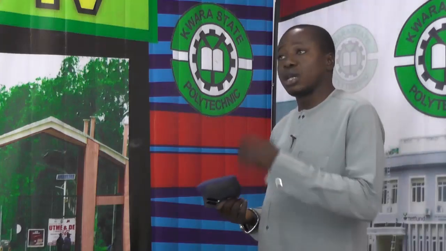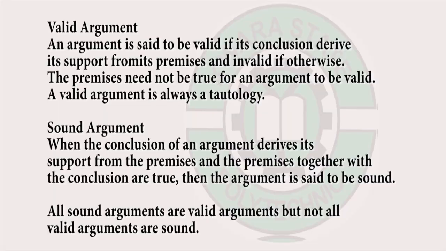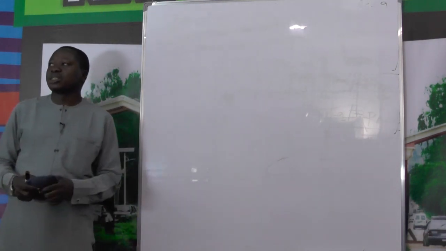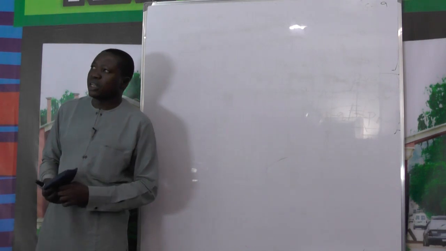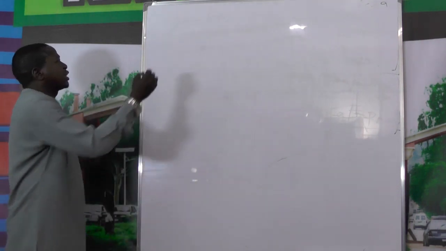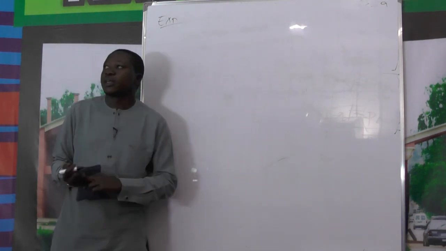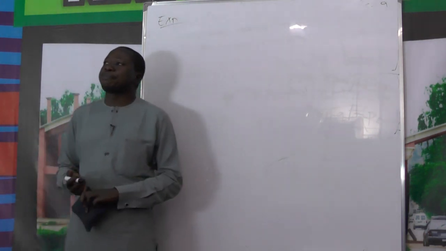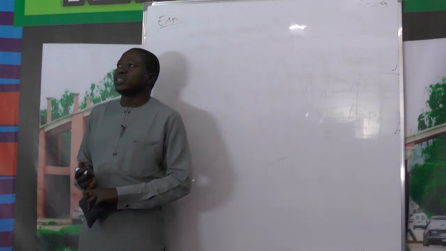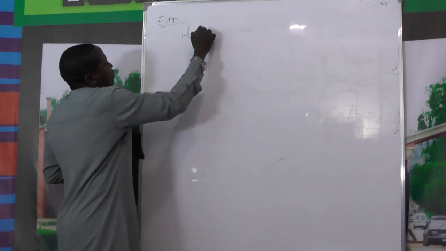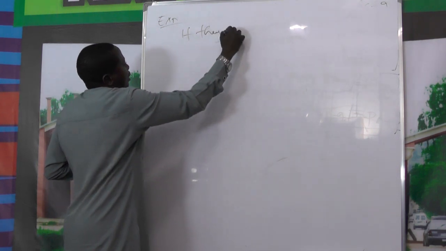So that is about argument. So we have explained the meaning of arguments. So we are considering premises and we are considering conclusion. Like for example, let's take an example. We are given: if they practice very well, they will win the match.